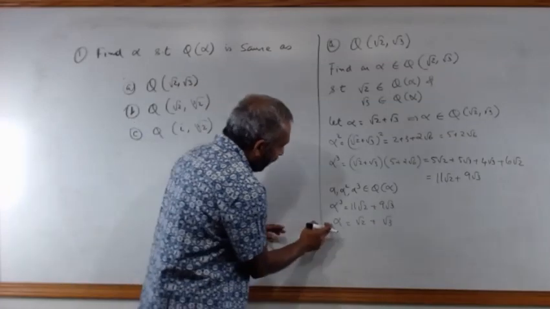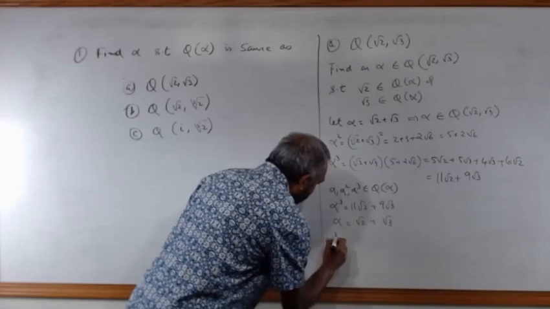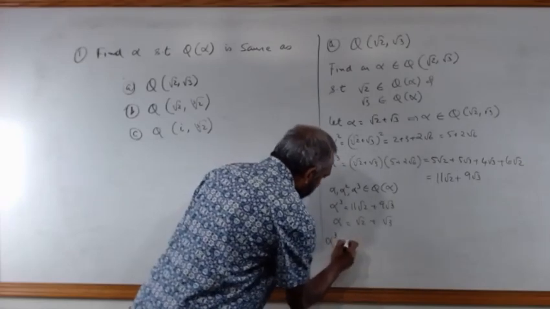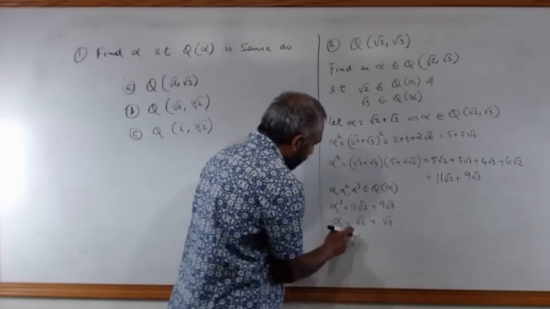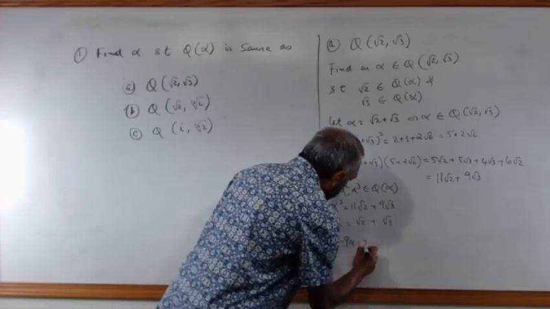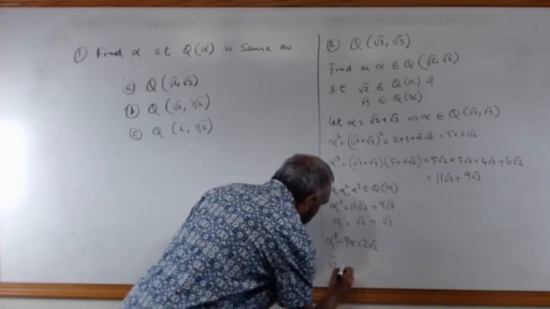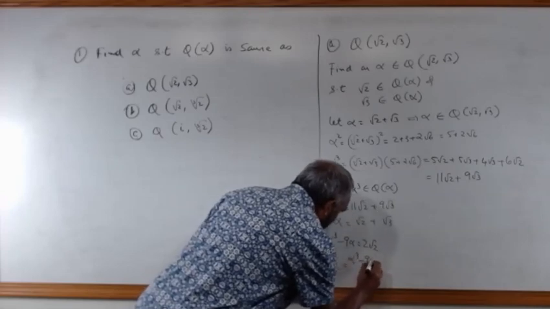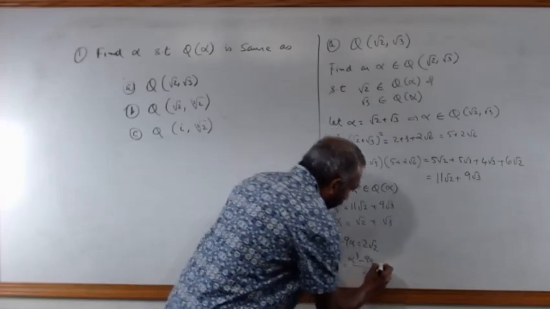If you multiply α by 9 and subtract it from α cubed, the √3 term will go away, leaving 2√2. So √2 is equal to (α cubed minus 9α) by 2. This belongs to Q(α).